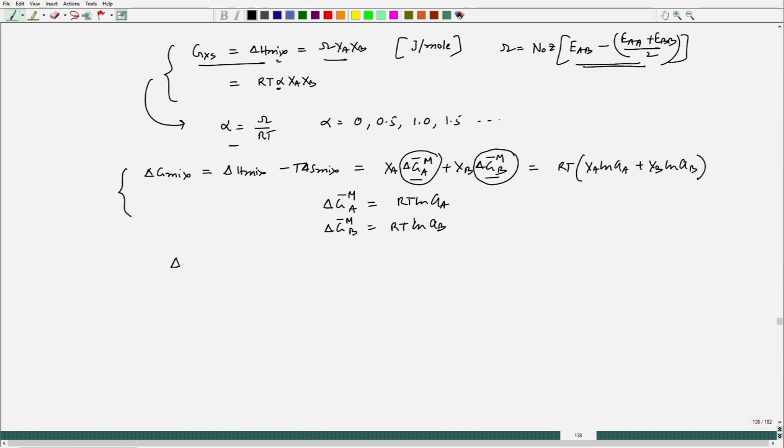Now, if I try to see del H mix, which is this quantity, let us take two considerations. One is, let us say, a small positive, and this is case 1, and in case 2, let us take delta H mix as small negative.